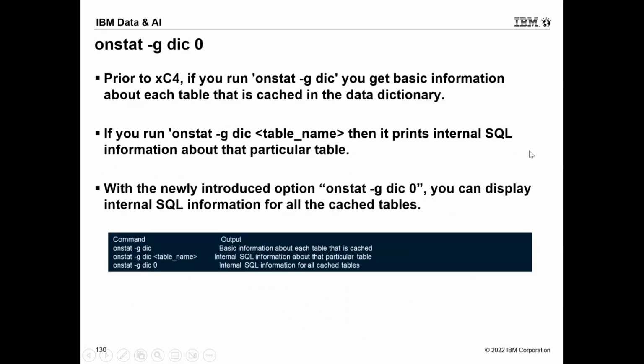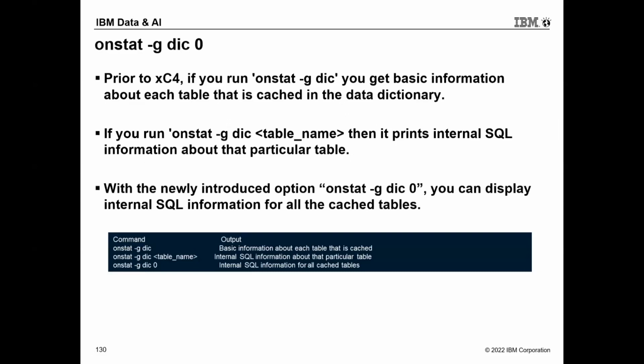So dic0 is a new option since 14.10.xC4. If you ran onstat -g dic, you got basic information about each table that is cached in the data dictionary. If you run onstat -g dic with a table name, it then prints out the internal SQL information about that particular table.